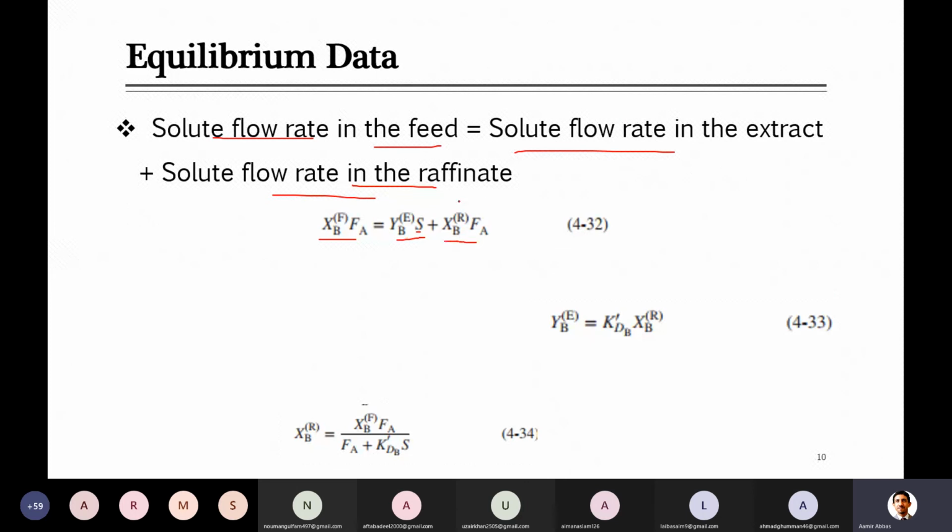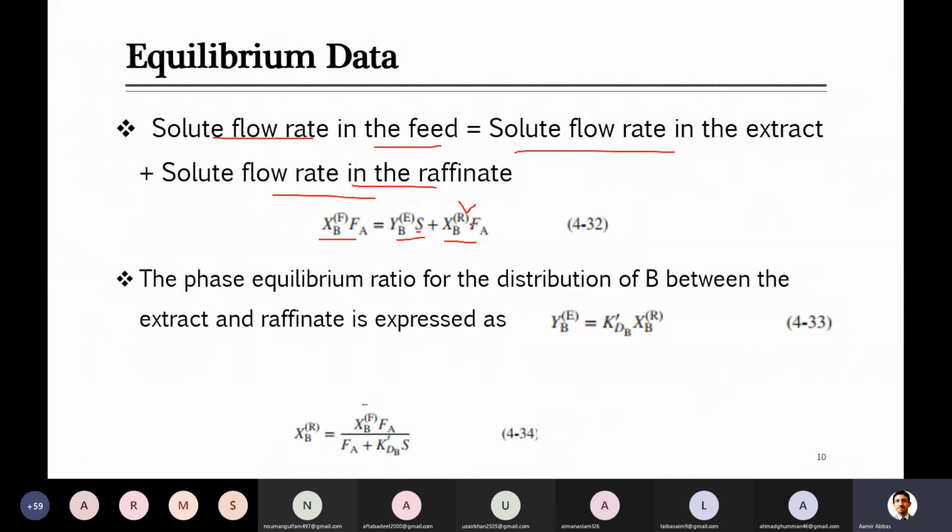The next one is similar in the raffinate phase, because at the outlet B is part of the extract as well as the raffinate. So we use the mass ratio of B versus A in the raffinate multiplied by the flow rate of A, because we know this flow rate remains the same either on the feed side or the raffinate side because of the immiscible solvent.